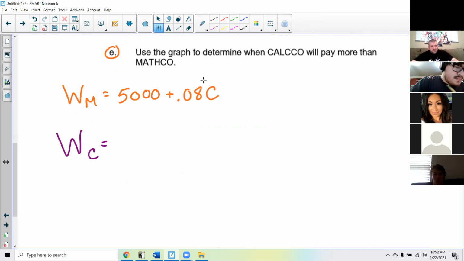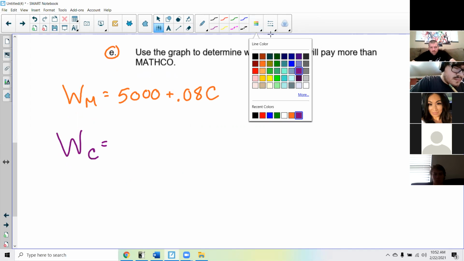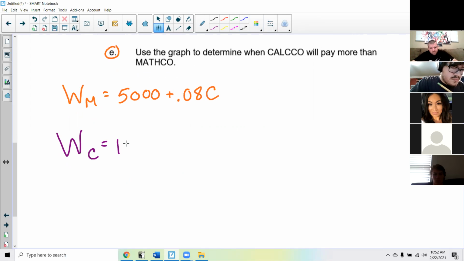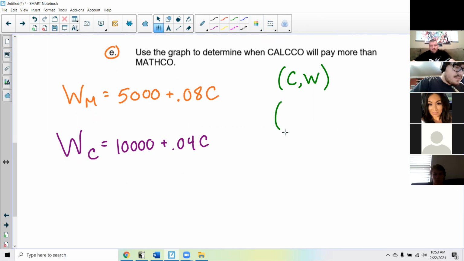The other one's going to be, let me change this to purple, 10,000 plus 4% commission. So those should be your wage equations. Did anyone figure out where they intersect? All of our coordinates are going to be (C, W). The intersection point.